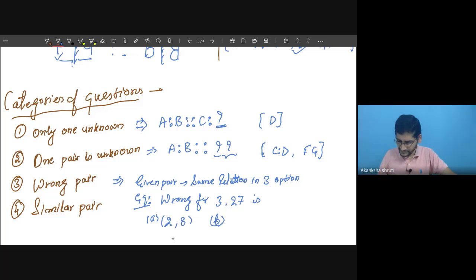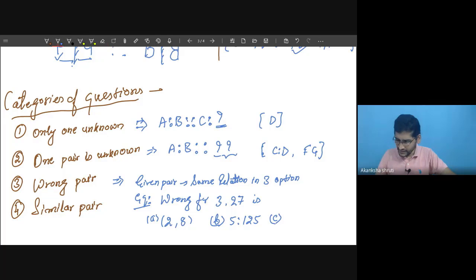B: 5, 125, may be given in this comma form.